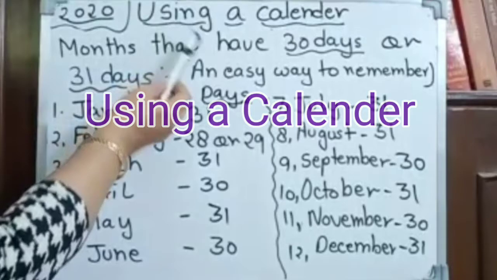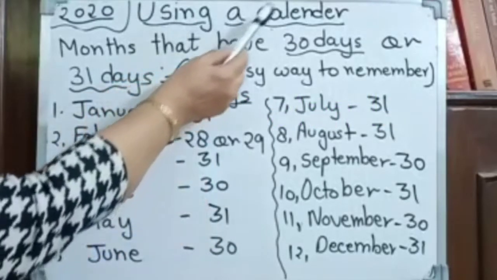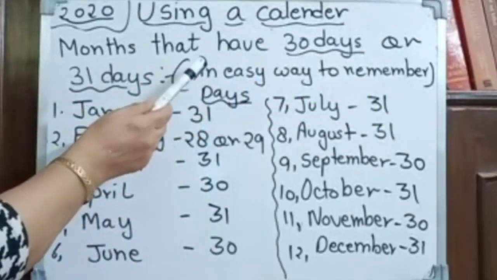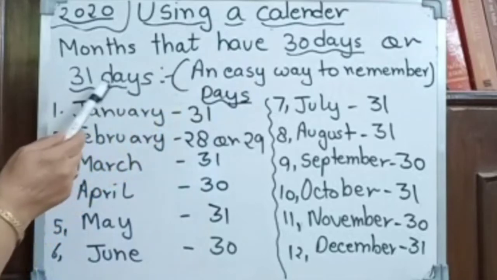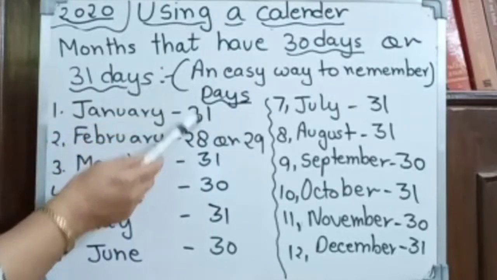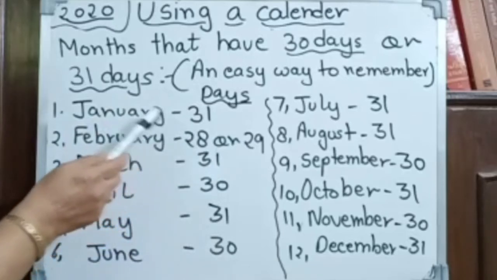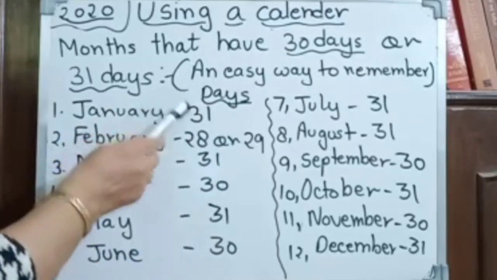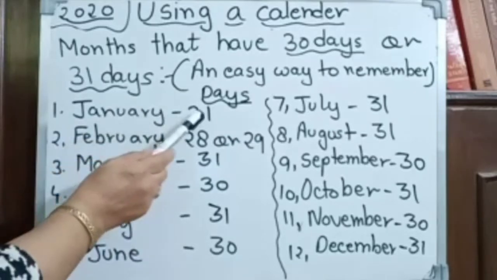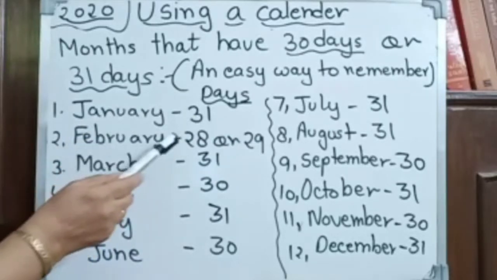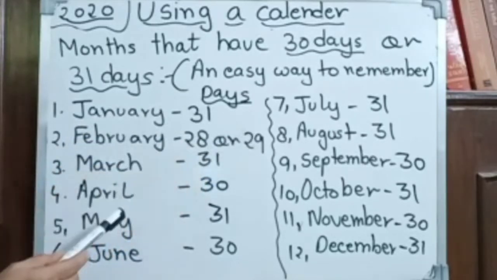Here is how to use the calendar. Using a calendar, months that have 30 days or 31 days. Here I am going to tell you a very easy method to take out the days of a particular month. Now look here. January 31 days, February we have 28 or 29 days.